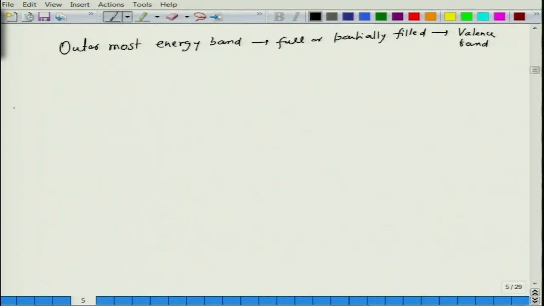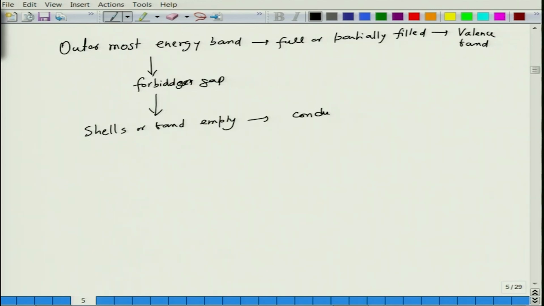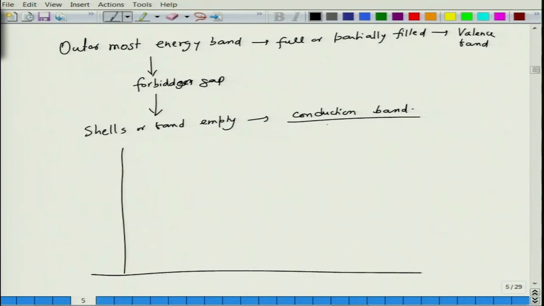And then comes a forbidden gap, and after the forbidden gap there are shells or bands which are empty. These are called conduction bands.